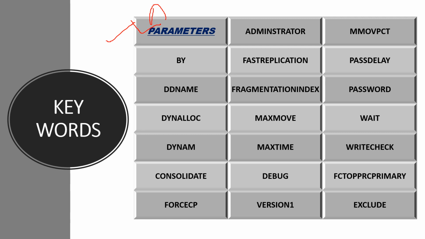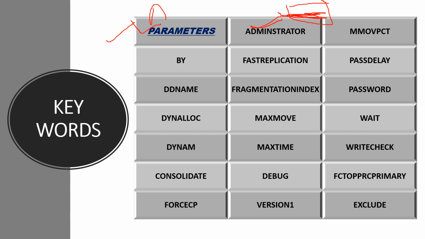Mostly you'll use ADMINISTRATOR. ADMINISTRATOR is used for the storage access, because for defrag you need access to that volume. You should have access to the data sets in that volume, at least read access. You should not even need edit, but at least you should have read access.